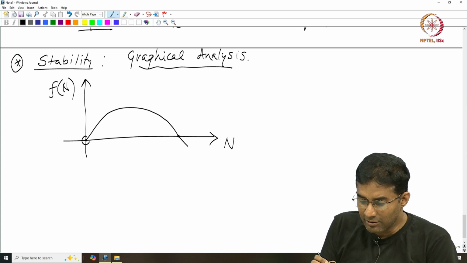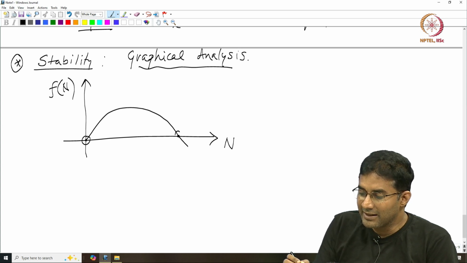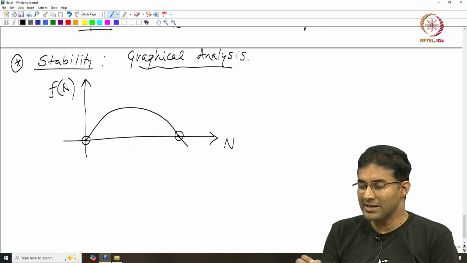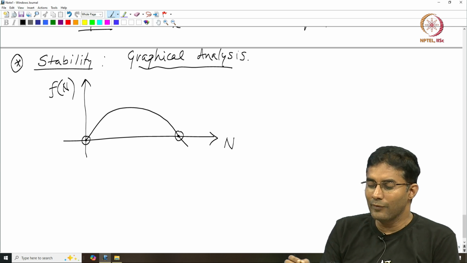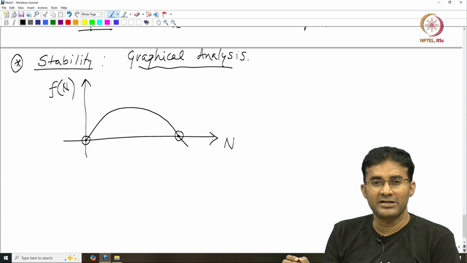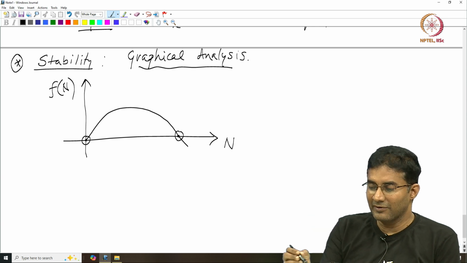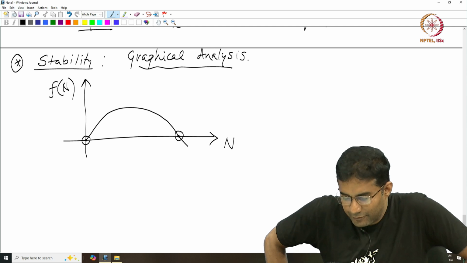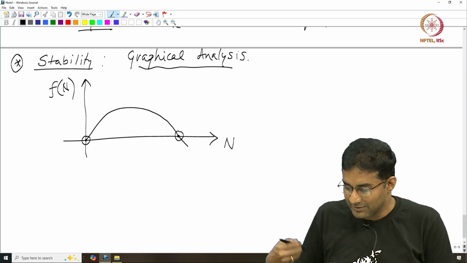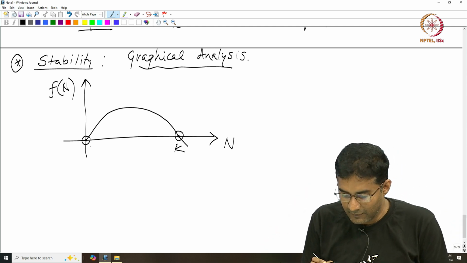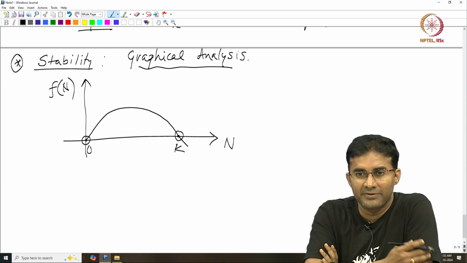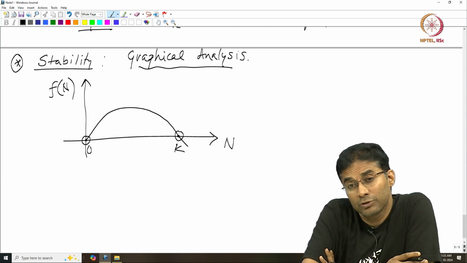So, we usually start by identifying the equilibrium on this graph. Having done that, we now ask which of them is stable, or are both of them stable, or both of them unstable.